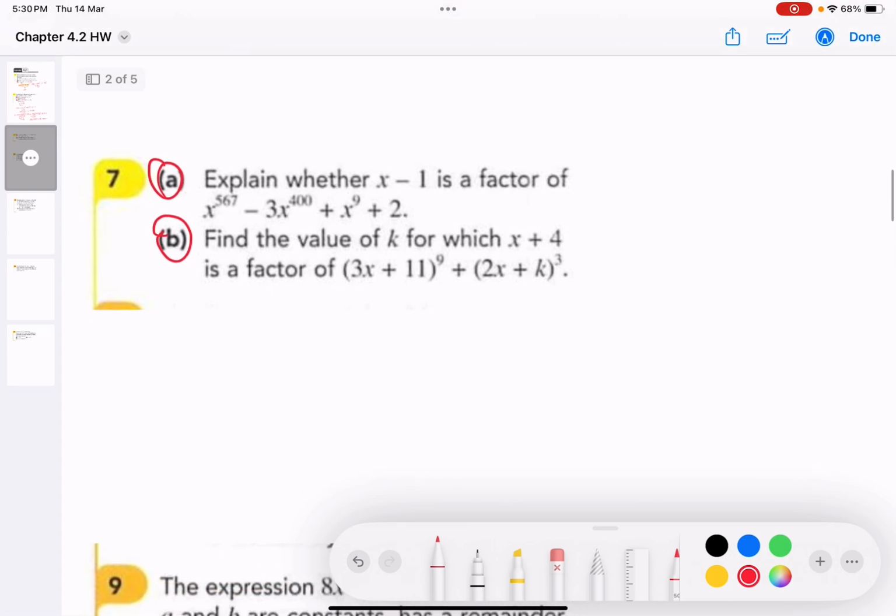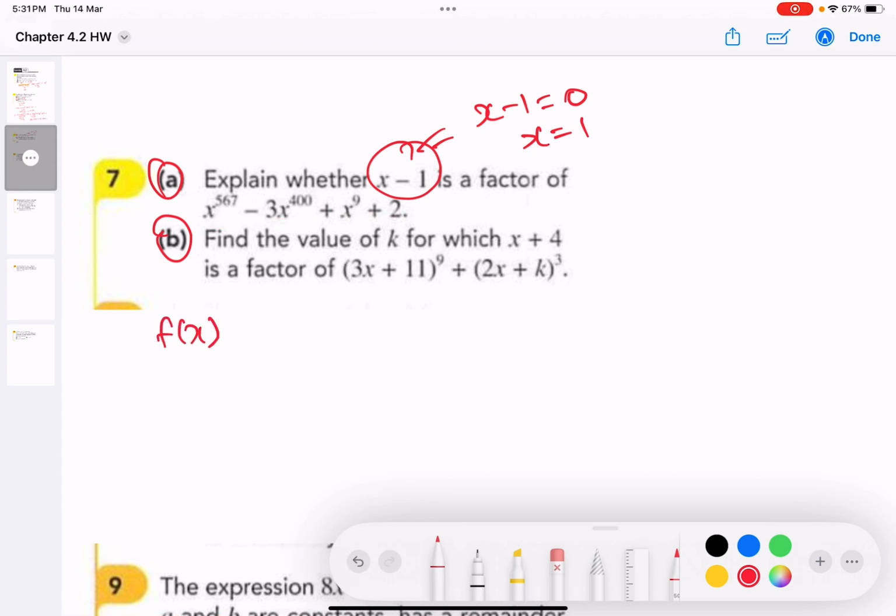Okay, moving on. Question number 7. Now explain whether x − 1 is a factor. This is a divisor, so if I make it equal to 0, x is equal to 1. I'm going to substitute this into the original function f(x), which is my dividend.